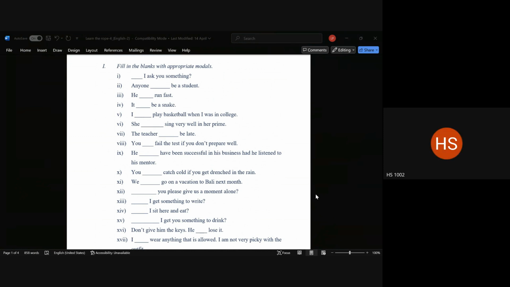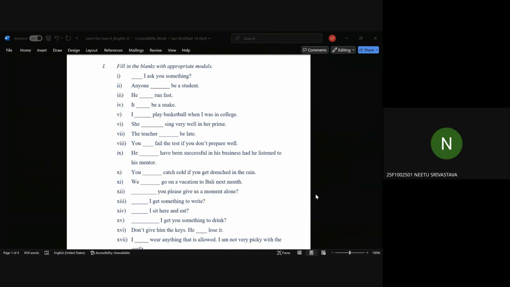So all of them are used to seek permission, and they're all at different levels of formality. Which one is the most formal among may, can, could? May. Yes. And which falls second in the rank of formality?